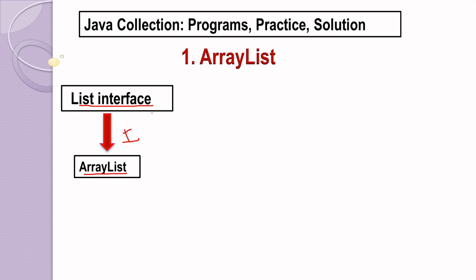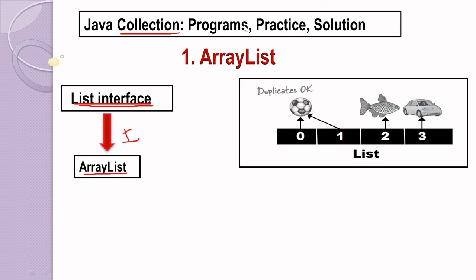So when should we go for the List interface? In the collection framework there are a number of interfaces and classes, and List is one of those interfaces.